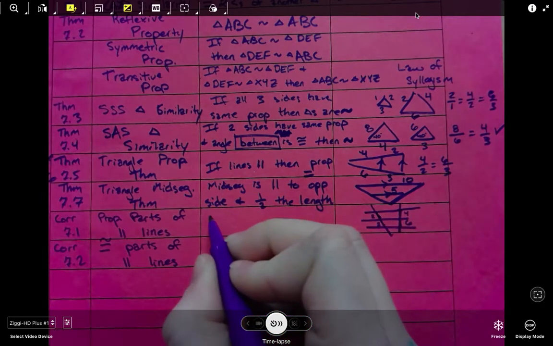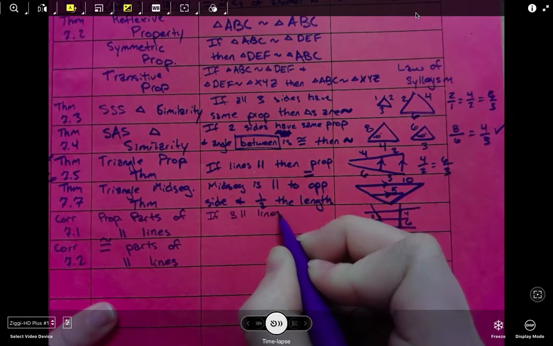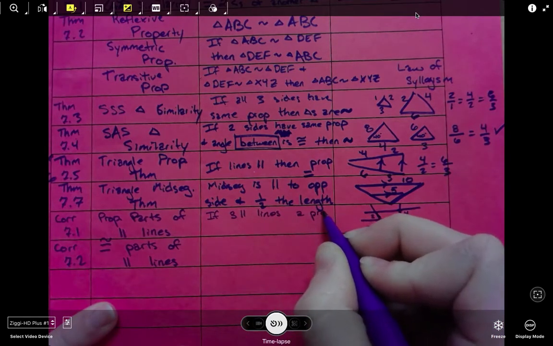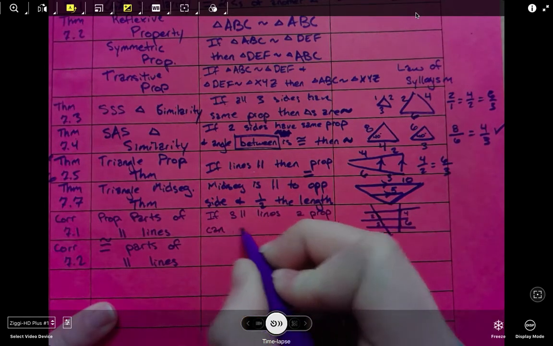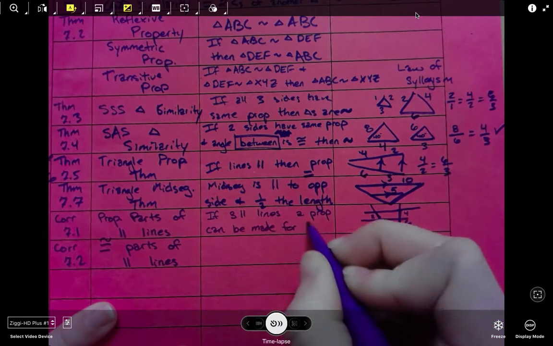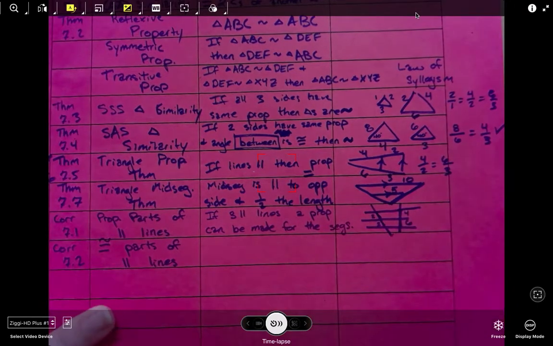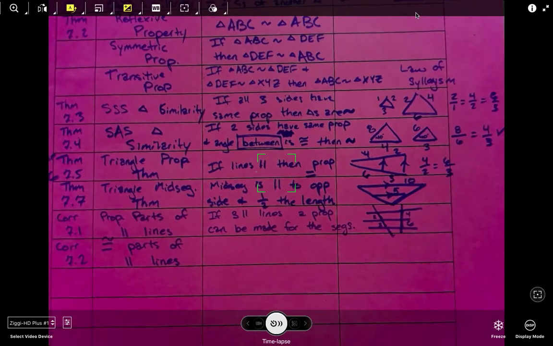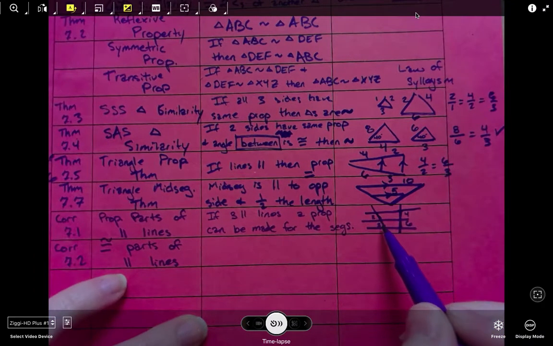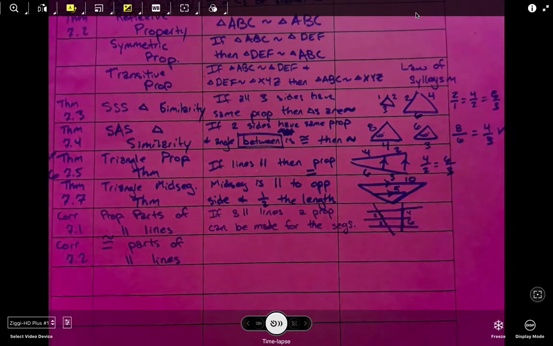So if you have three parallel lines, a proportion can be made for the segments. So 2 over 3 equals 4 over 6.